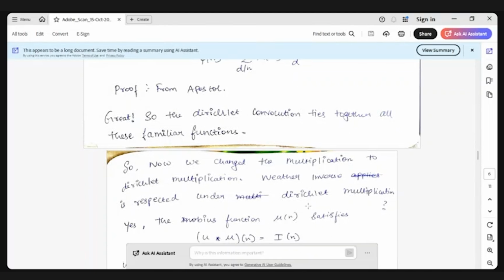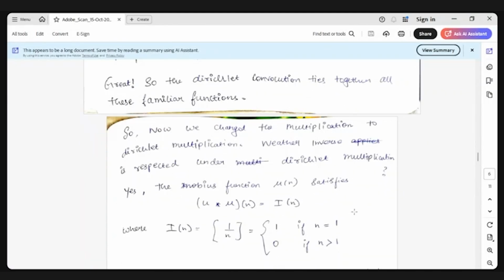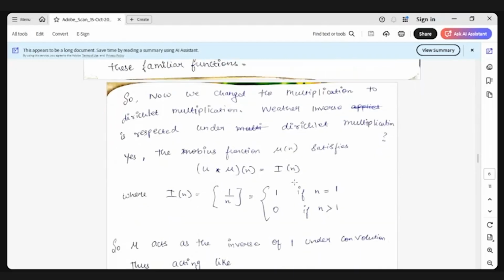The Mobius function mu of n: one can do u star mu and get I of n. Okay, it's left to you as an exercise. It is probably easily verifiable. So u star mu of n is going to give me I of n, where I of n is nothing but the floor of 1 by n.